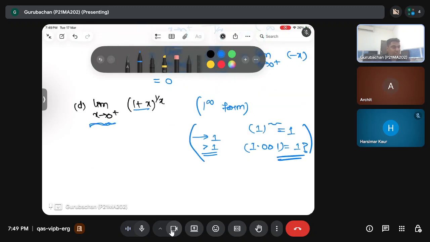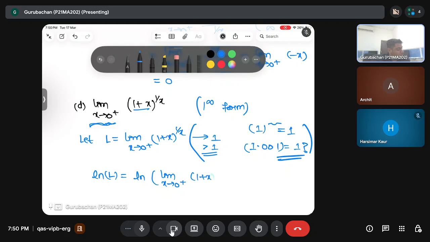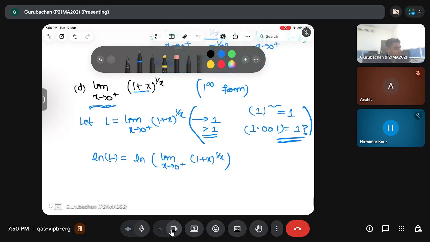So therefore what we will do here, we will first of all let this limit be equal to L, so that we can make this expression into the 0 by 0 form, or infinite by infinite form. So what we can do here, we can apply ln on both sides. Now tell me, ln is a continuous function. Yes, sir. So can we take the limit outside? Yes, sir.